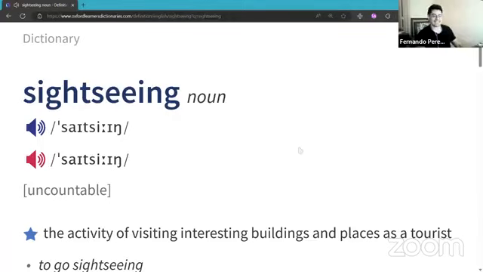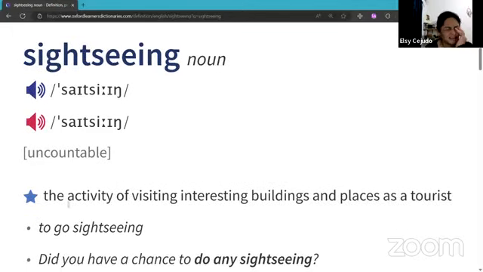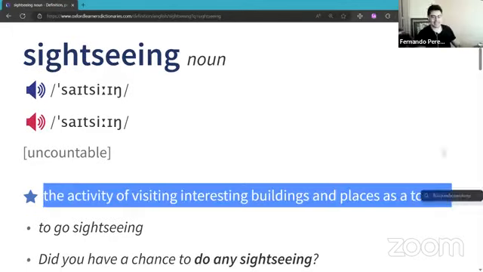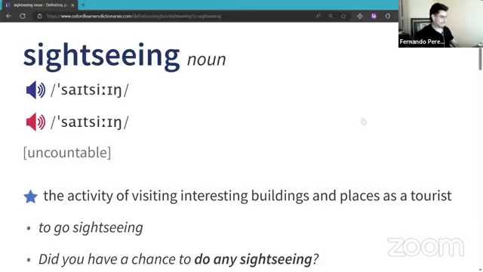That's right. Perfect. Look at the definition. The activity of visiting interesting buildings and places as a tourist. When you are a tourist, the first thing you do is to go out to the streets, to take a picture of buildings, to take pictures of you. This is the activity of sightseeing.